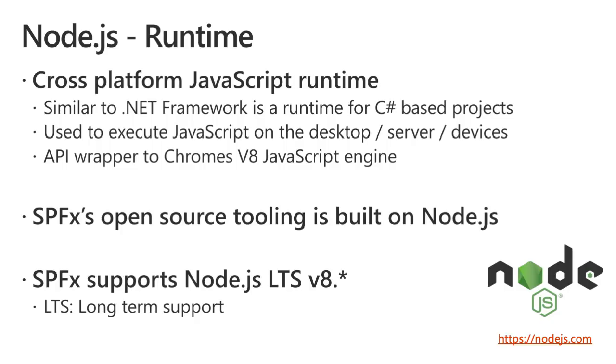If you want to use a different version of Node.js, you can, but make sure you check the SharePoint Framework documentation to find out what version they're recommending, because if you go with a more recent version that is not in the LTS branch, but in the current or stable branch, you may not have the desired experience. So double check what you're going to use before you start installing another version of Node.